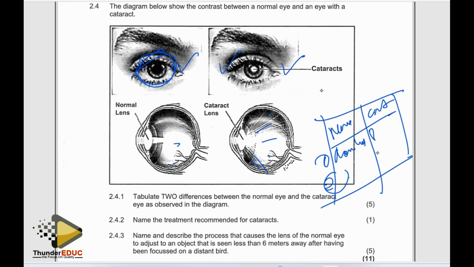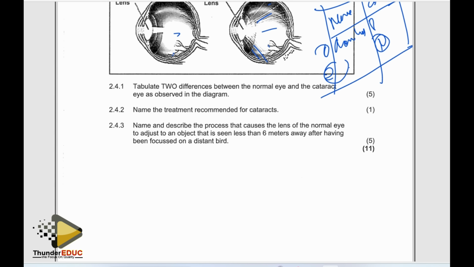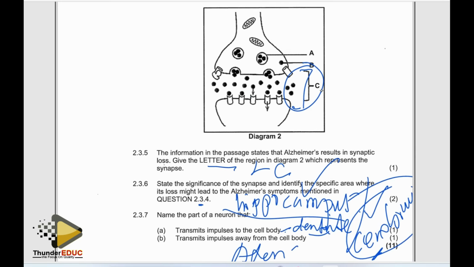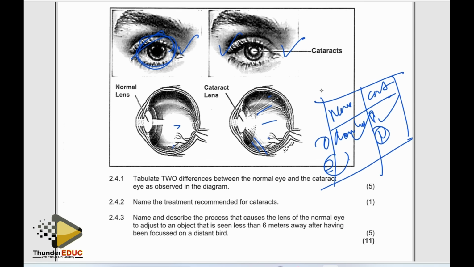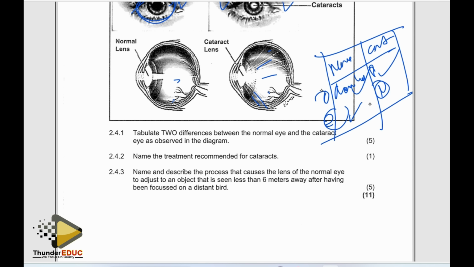So on the side of cataracts, number two, it scatters and blocks light. Here it allows light to pass through easily. I think I'm clear there. And then we give you one mark here, one mark there, and one mark for the table. It's supposed to have these two captions, and then it's supposed to be closed.